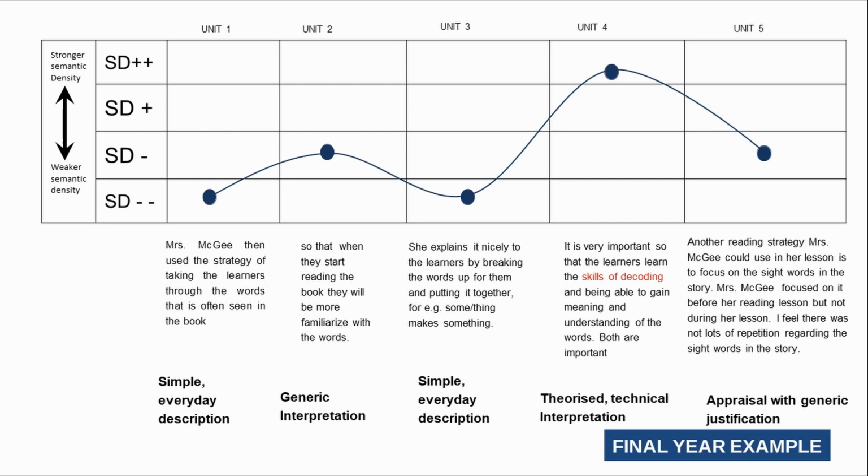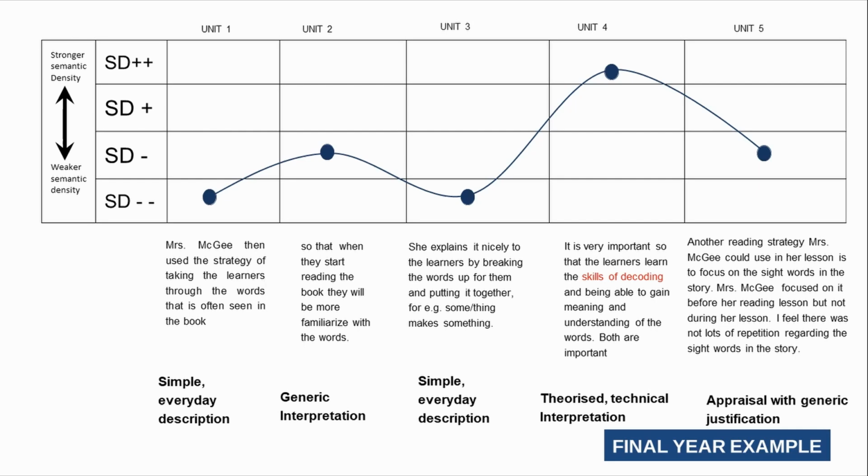So when Lindy's doing this, she's looking at semantic density. She's not looking at semantic gravity. So she's not looking at how abstract or generalized or concrete things are, but she is looking at how simple or complex they are in this particular wave. Here the strategy is very unspecified.